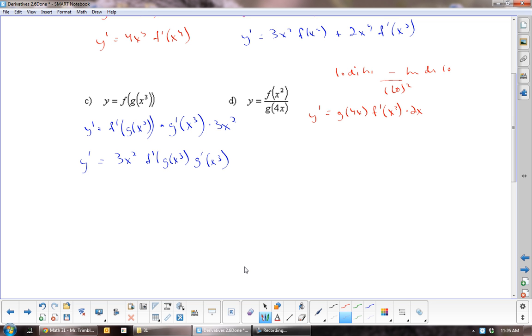So I did the chain rule right there. Minus the high, which is f of x squared, times the derivative of the low. Low is g prime of 4x times 4. And that would all be over g of 4x, squared.